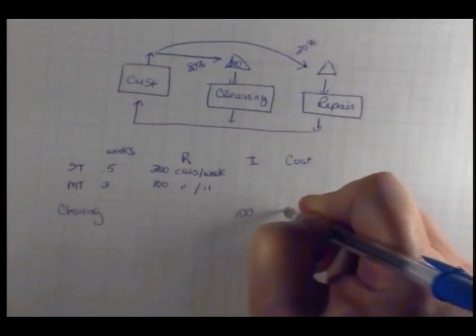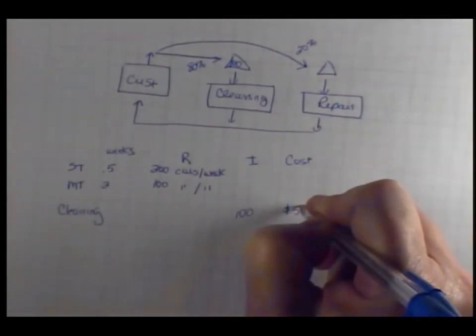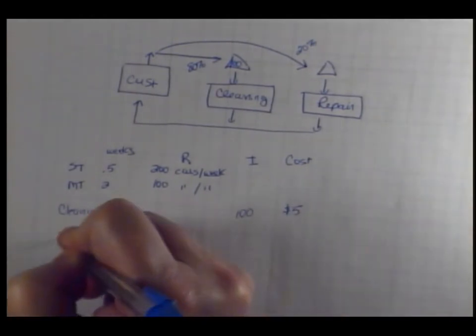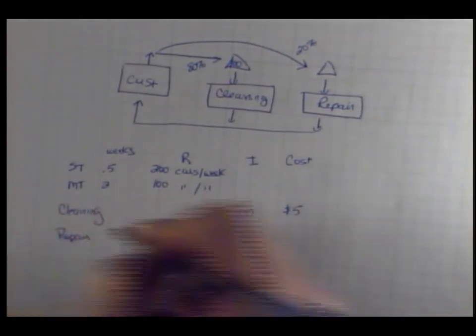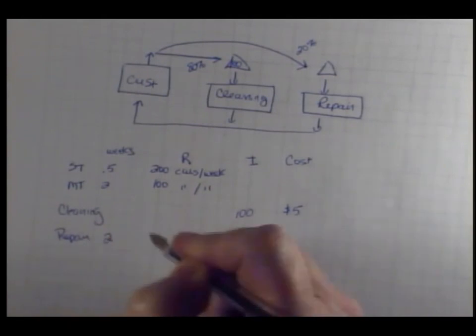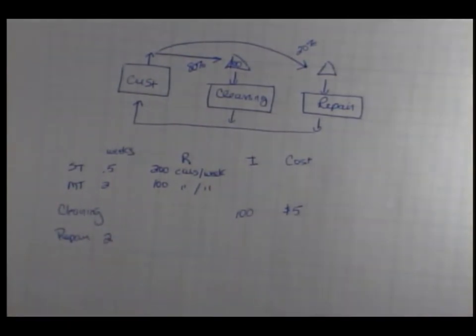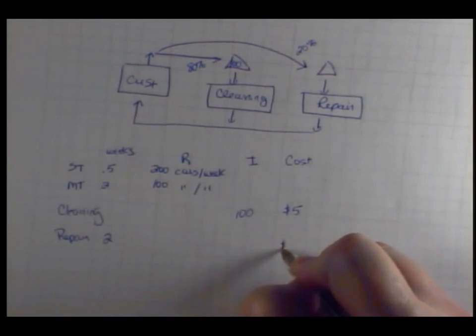I'm going to revise this to fit our table. The average time spent in the repair shop is 2 weeks, and assume that on average the cost of a repair is $150.